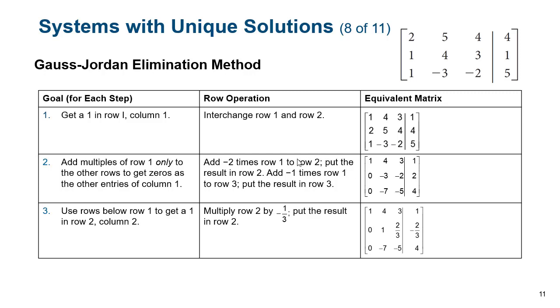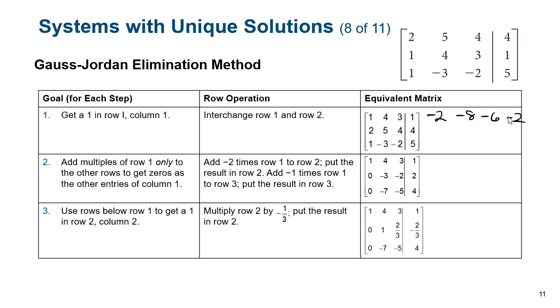So the rule is to get rid of these two numbers, you always use multiples of the row you're keeping. So you would take the top row, multiply it by -2, and you get -2, -8, -6, -2. Now you take that and add it to the second row.